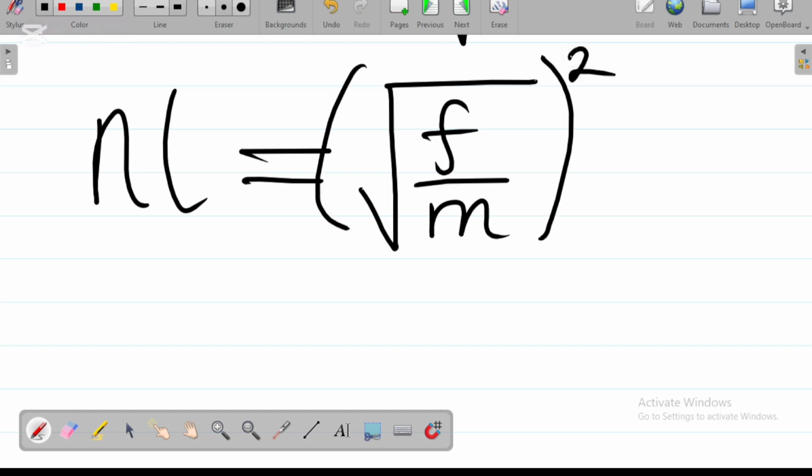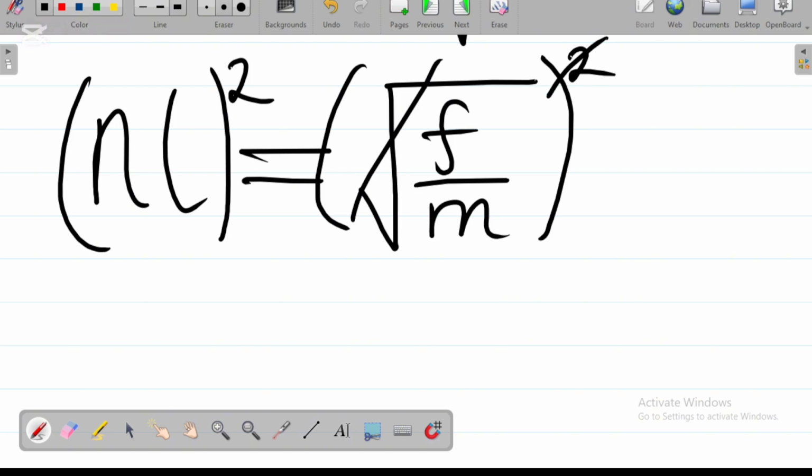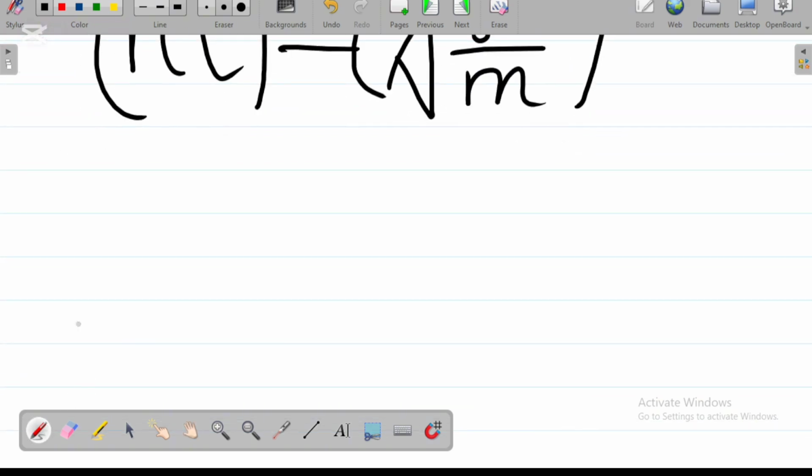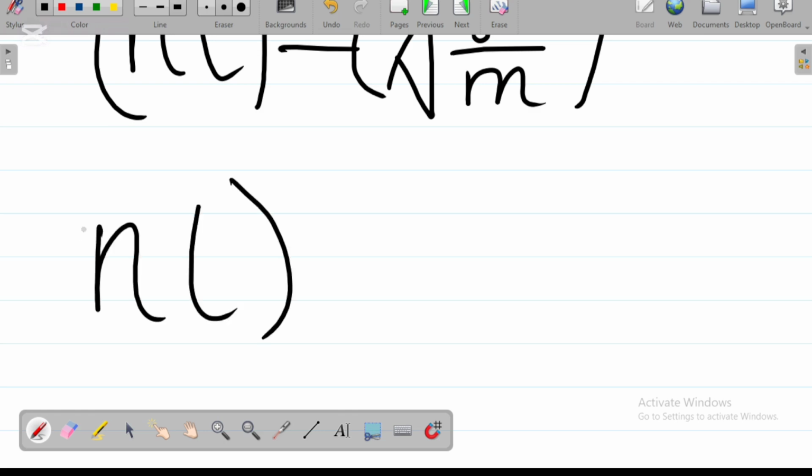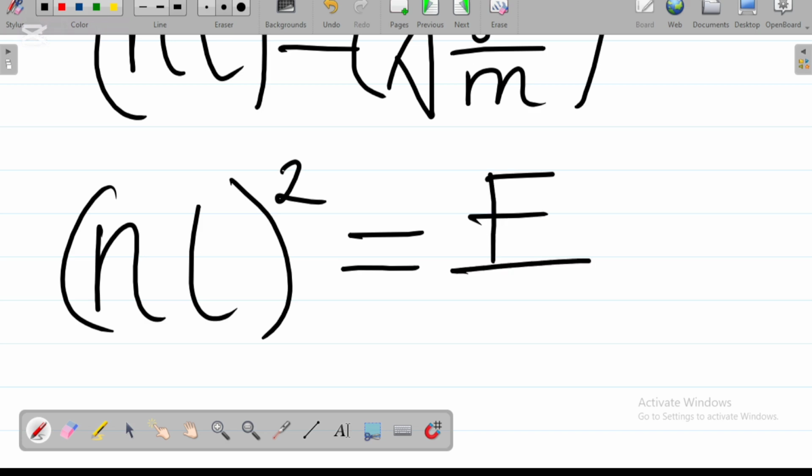So square root of F all over M raised to power 2, and then N multiplied by L all raised to power 2. Therefore, the power cancels off the square root. So here we have N multiplied by L all raised to power 2 equal to F all over M.